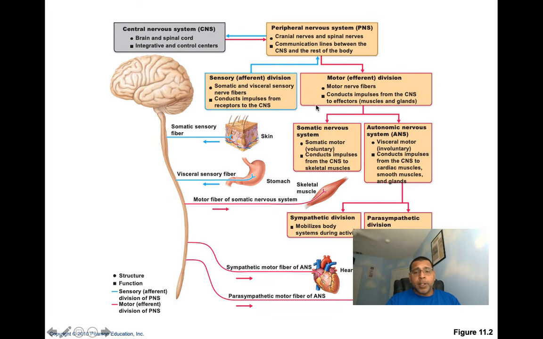Now, the second division we have here, our motor or efferent division, transmits impulses from the CNS to the effector organs, to the muscles and glands. And it gets further subdivided into the somatic, or what we refer to as the voluntary nervous system, and into the autonomic, or involuntary nervous system.